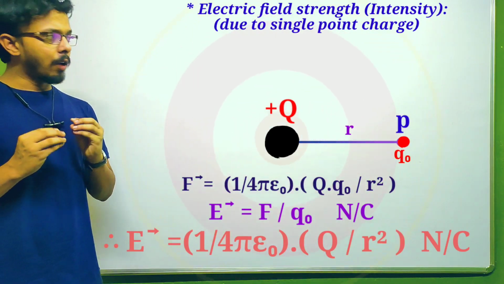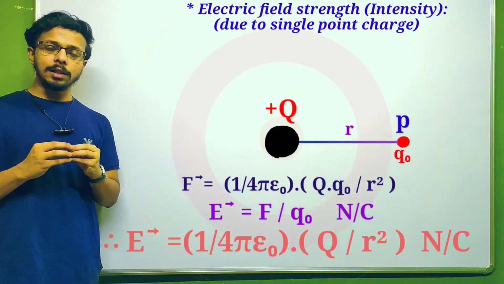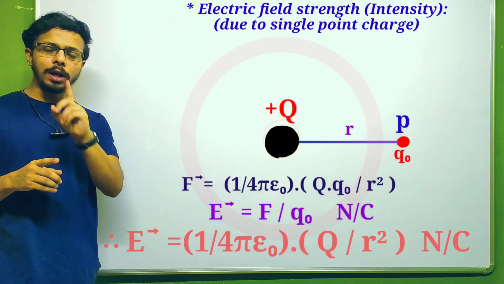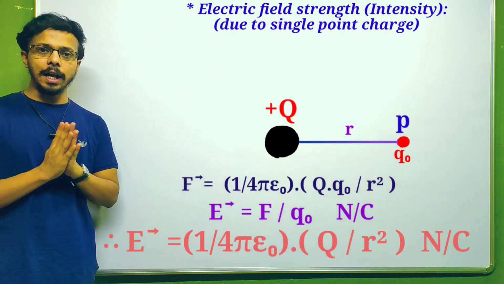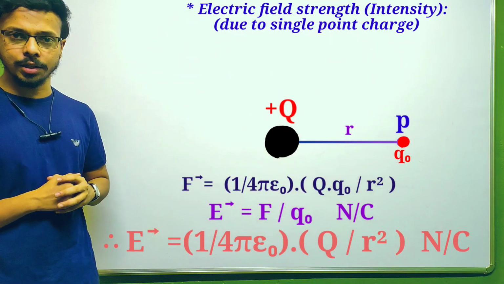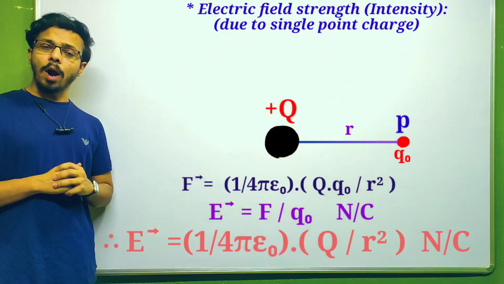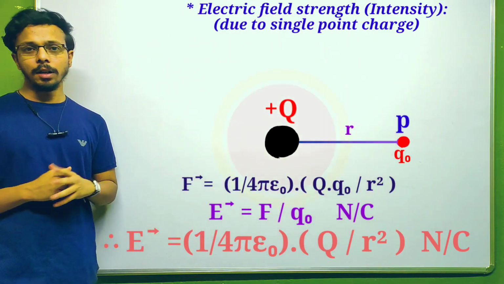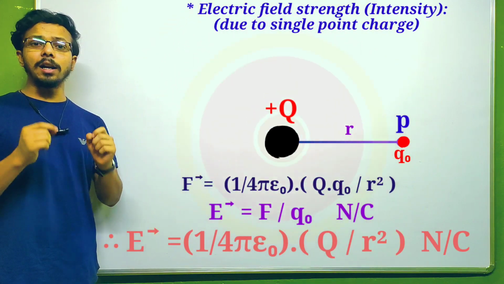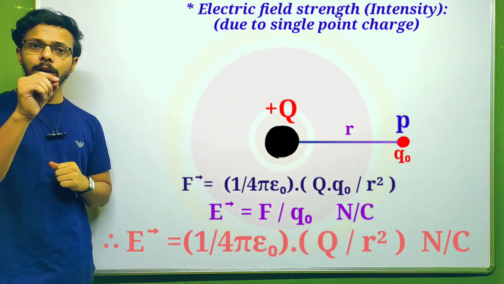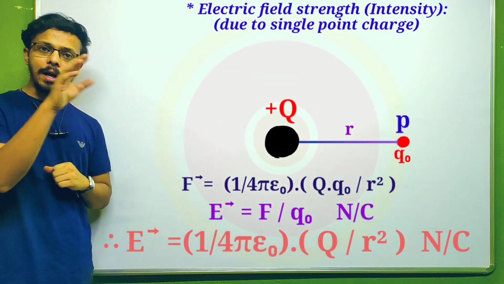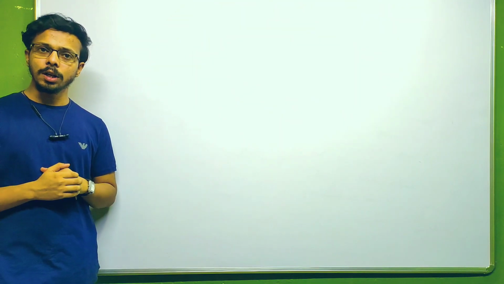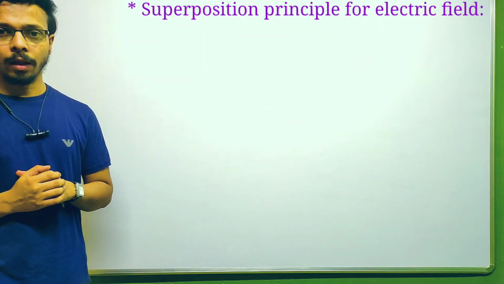Now, this is the electric field at a point due to only a single charge, a point charge. What if the system consists of n number of charges? To calculate the resultant electric field at any point in the system due to n number of charges, again we have to use the superposition principle.